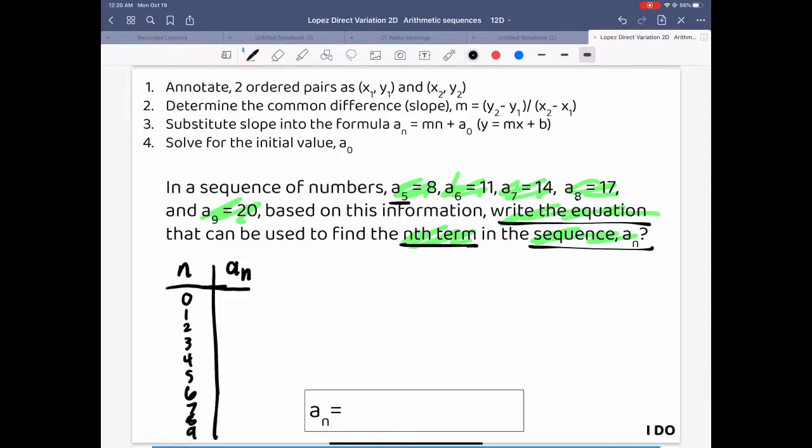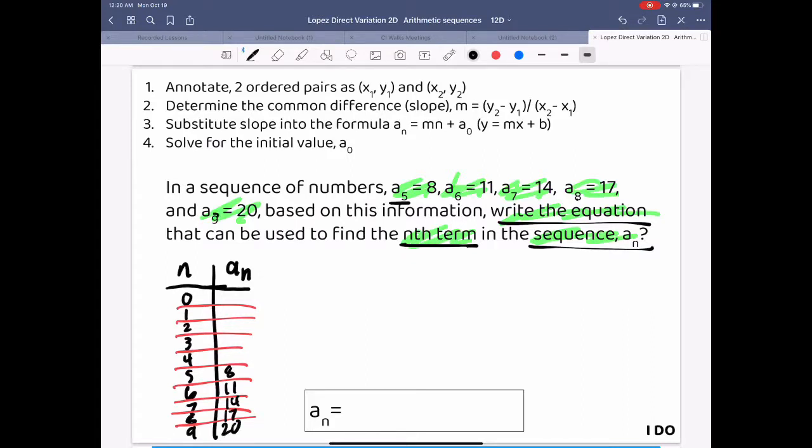Now according to the problem though, they start us off with 5. So at 5 we have 8. At 6 we have 11, 14, 17, 20.